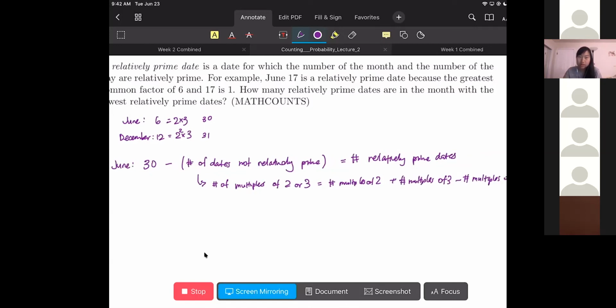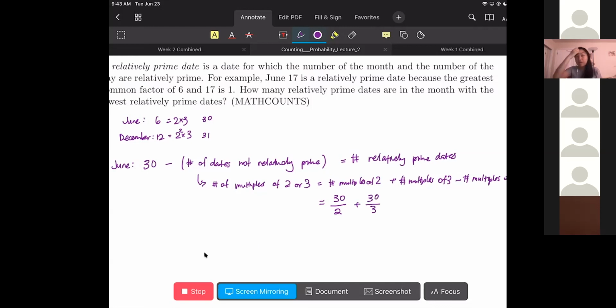And so this is now very similar to the problem we just did. Out of 1 to 30, there are 30 divided by 2 multiples of 2, which is 15: 2, 4, 6, 8, all the way to 30. And the number of multiples of 3 is 30 divided by 3, that's 10: 3, 6, 9, 12, all the way up to 30. And then subtract out multiples of 6 because we're counting them twice.